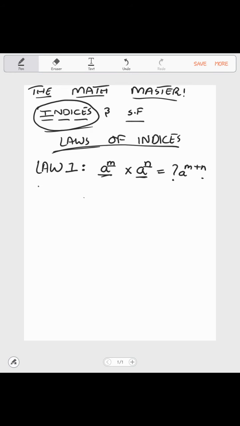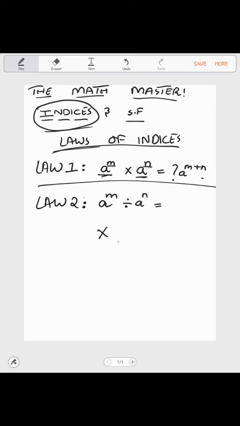So moving forward, this was law 1 of indices. What is law 2? It is the reverse of law 1. Simple as that. a^m divided by a^n is what? Multiplication's reverse is division, and when the powers were being added in multiplication, what do you think will be done with the powers when they are being divided?